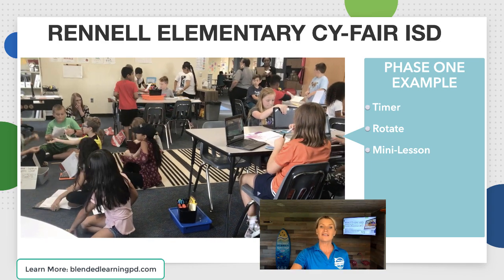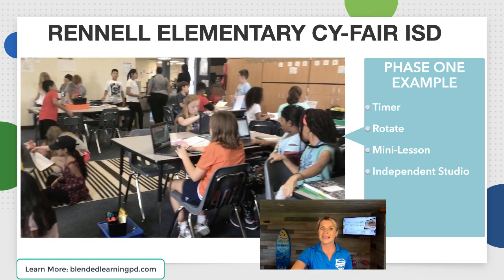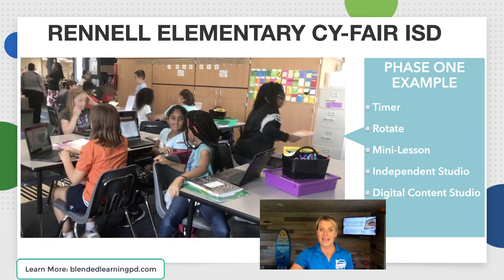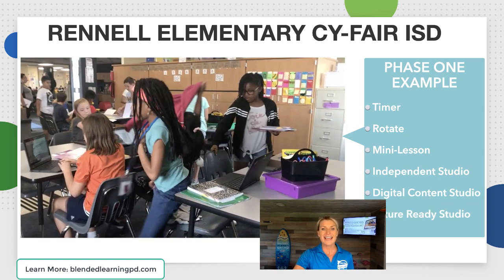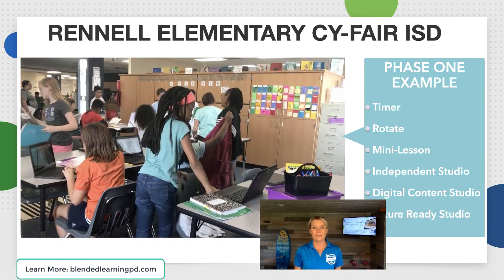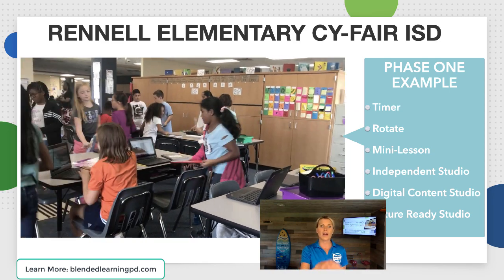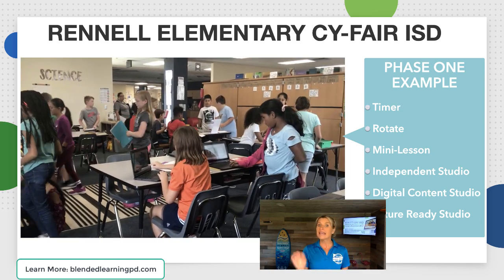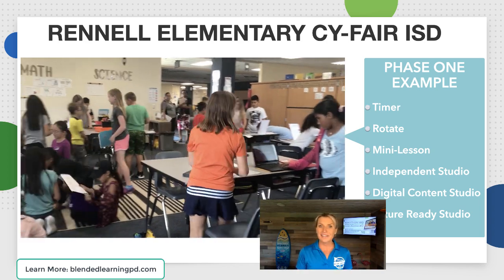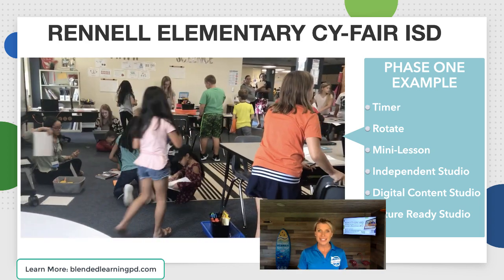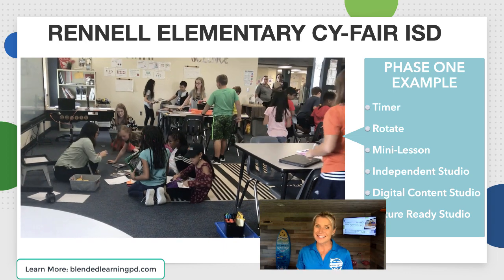The students have just left a mini lesson and they're going to rotate to the next independent studio. Then they're going to move to digital content, followed by a future ready studio. Every 10 to about 12 minutes, the kids rotate from one activity to the next. This is phase one. Phase one is the training wheels for the blended learning process.